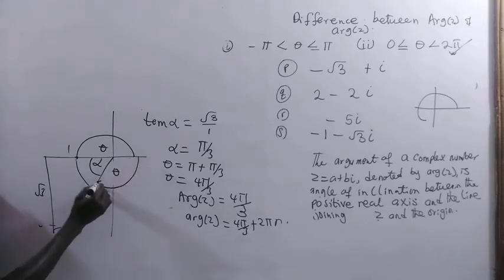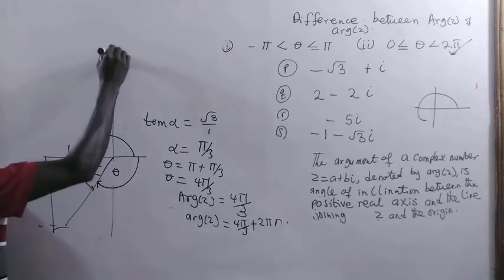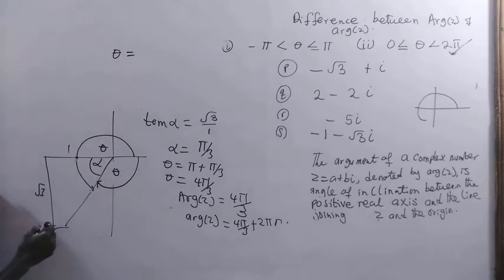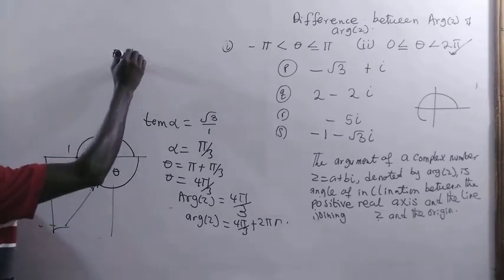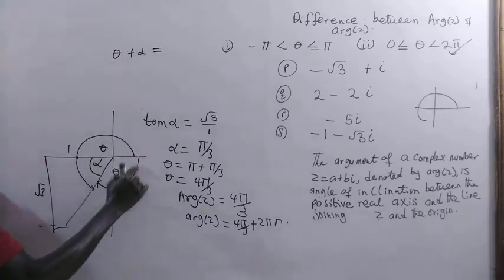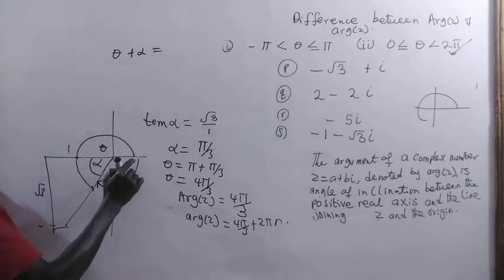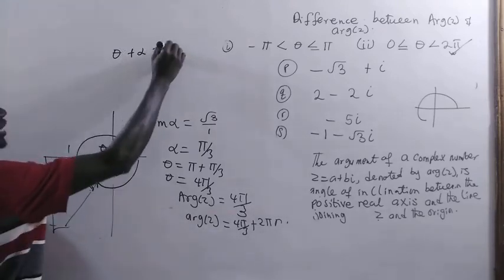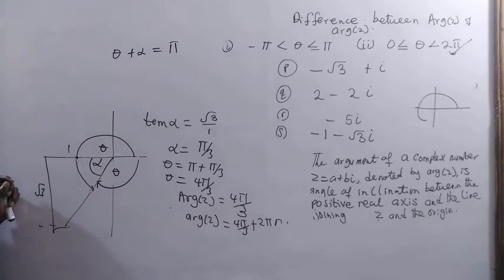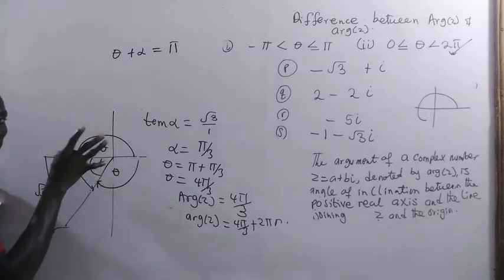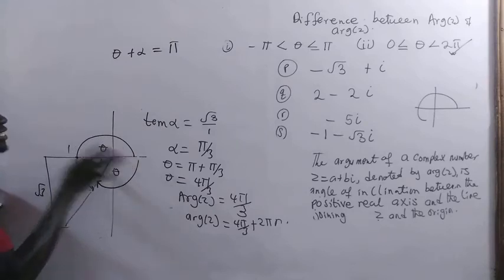We need this. So we write theta plus alpha will give us 180. Because the angle from here to here is pi or 180. We are not measuring it, we are just looking at it. From here to here is 180 or pi in radians.